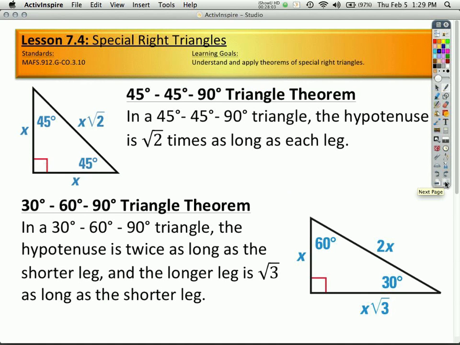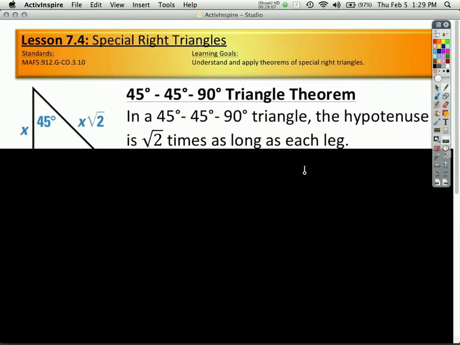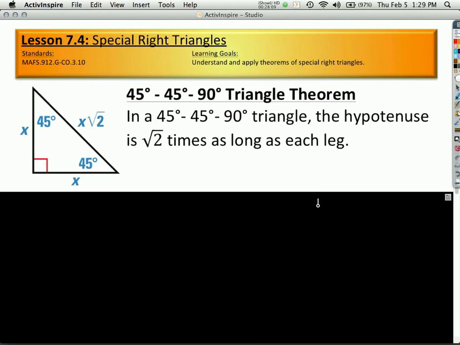So, let's first start out with the cheat sheet. And the 2 theorems and the 2 ideas kind of all wrapped together. There are 2 right triangles that are very unique. One of them is an isosceles triangle, and we refer to it as a 45-45-90.